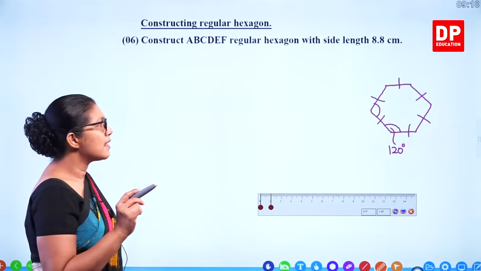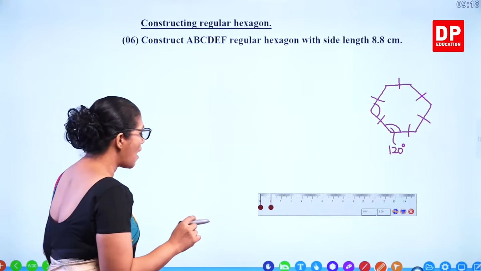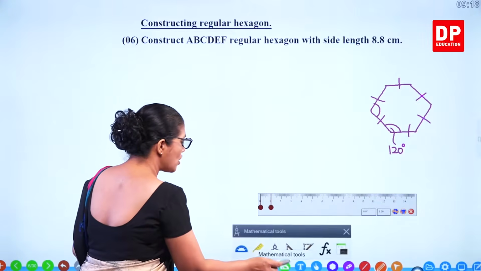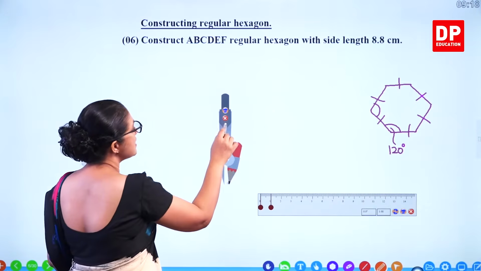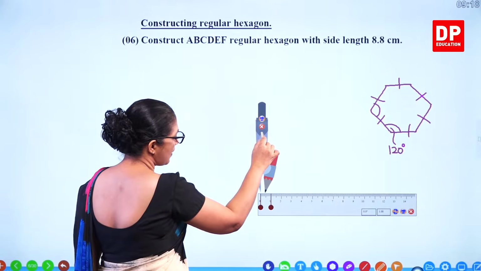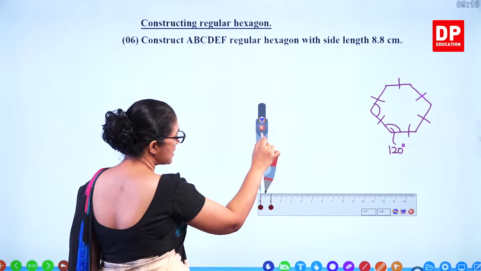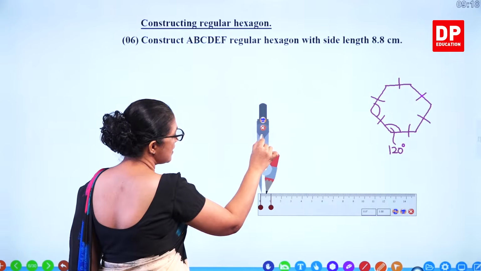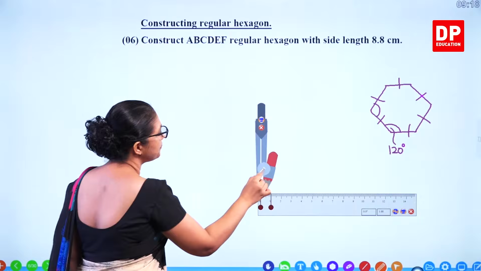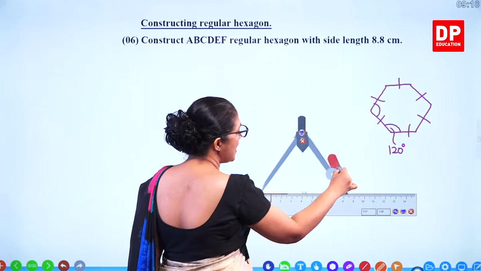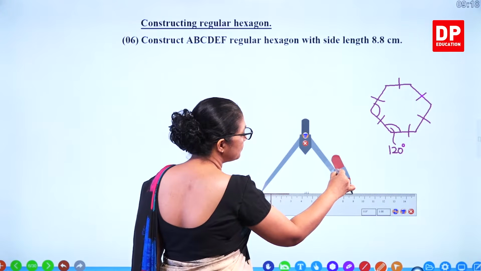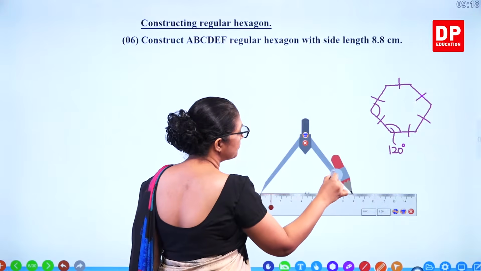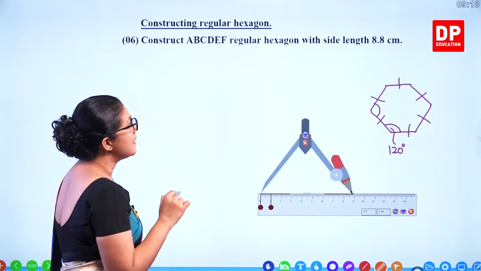We can use a circle for that. So first thing you have to do, you can measure the length 8.8 centimeters and then you can draw a circle with radius equal to that. So here, 8.8 is here.